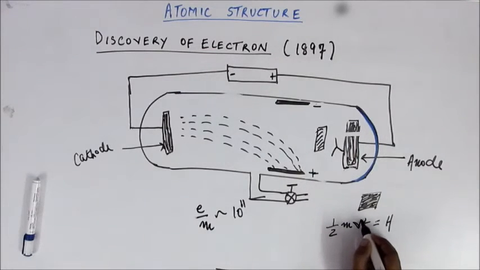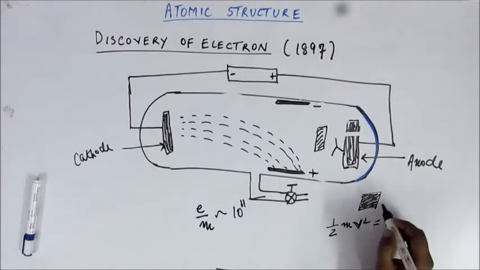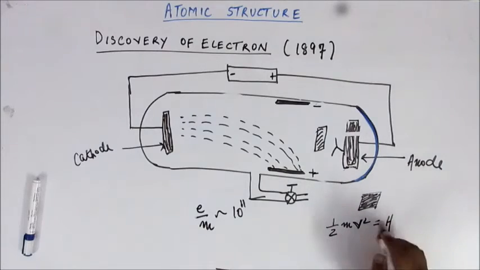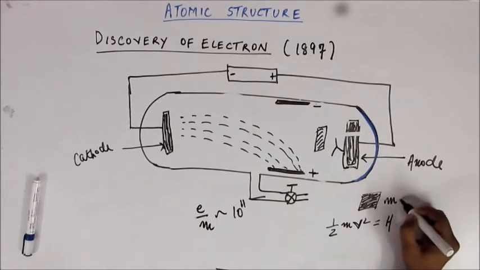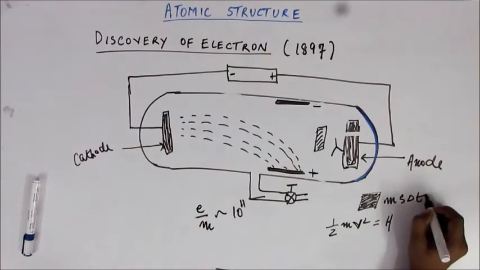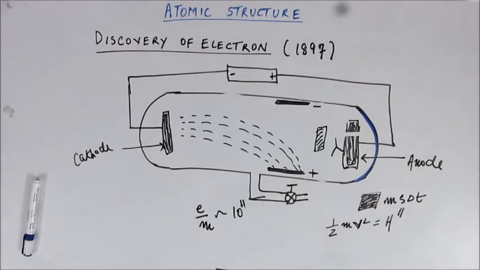Now somehow, if you are able to find the velocity of this radiation, and if you are able to measure the temperature rise of this object, and if you know the mass of the object and the specific heat of the object, then m s delta T will give you the amount of heat that it has absorbed. That is easy to measure.